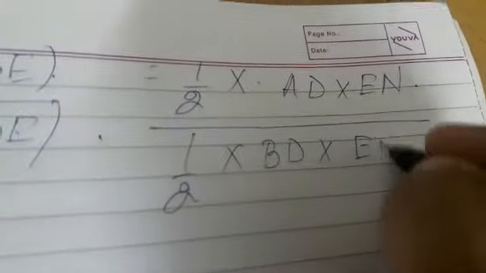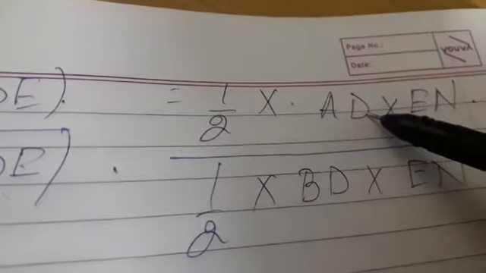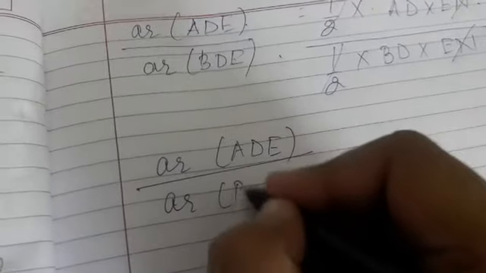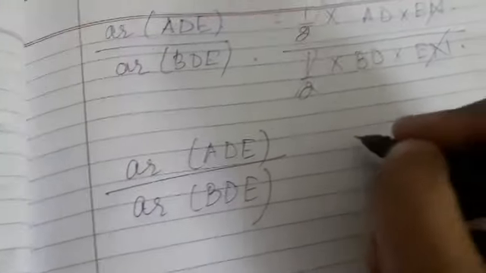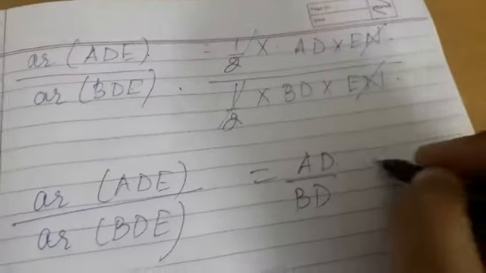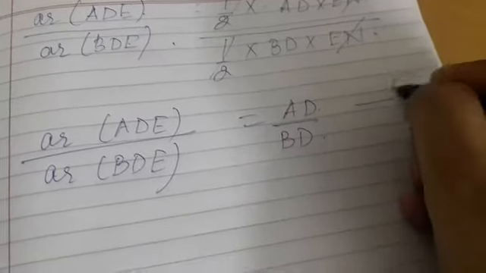Half and half will cancel, EN and EN will also cancel. So we get area of triangle ADE upon area of triangle BDE is equal to AD upon BD. This is the 5th equation.